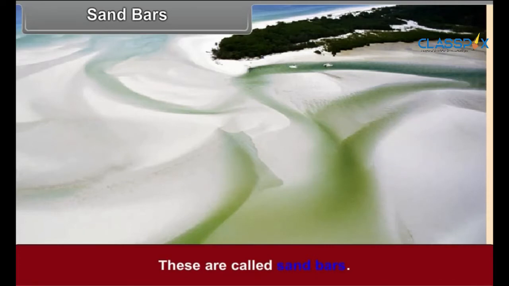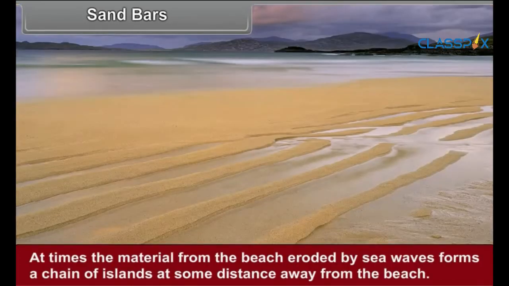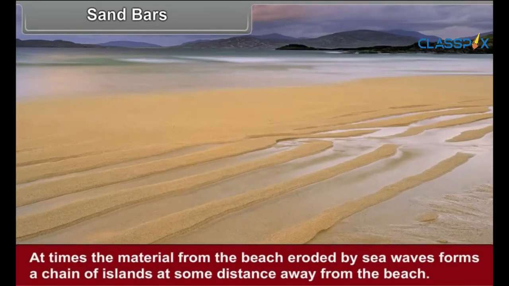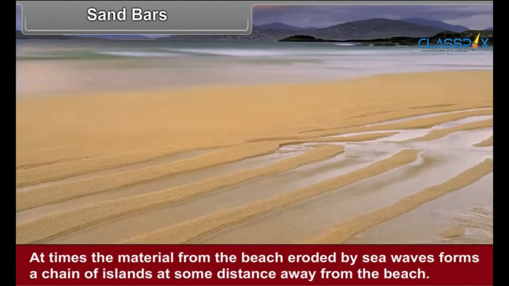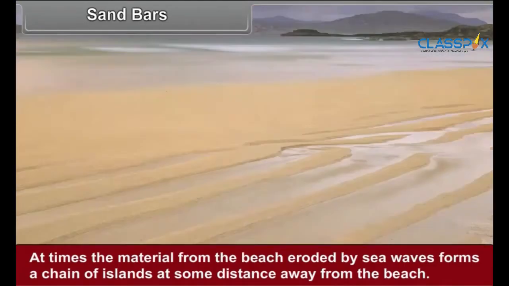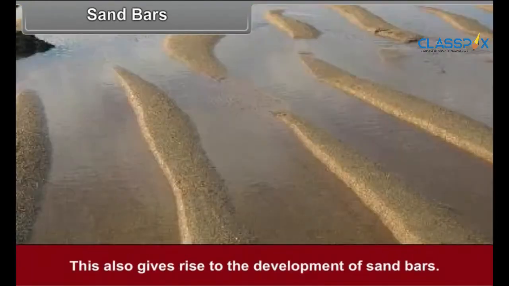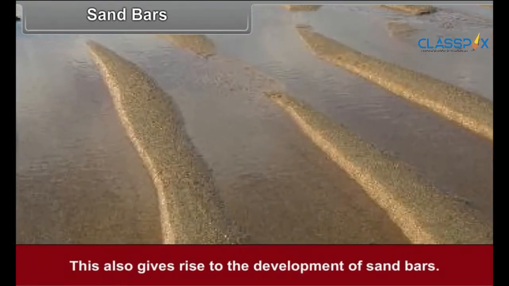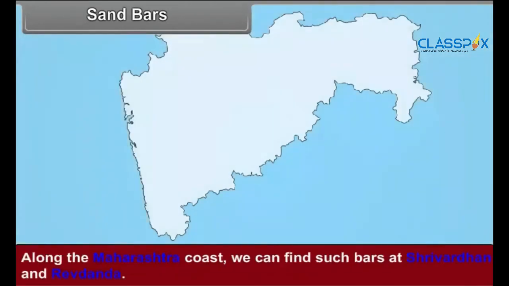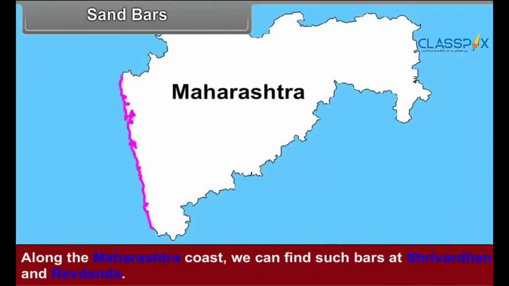These are called sandbars. At times, the material from the beach eroded by sea waves forms a chain of islands at some distance away from the beach. This also gives rise to the development of sandbars. Along the Maharashtra coast, we can find such bars at Srivardhan and Revdanda.